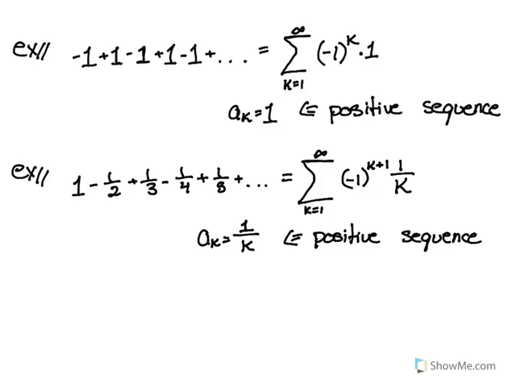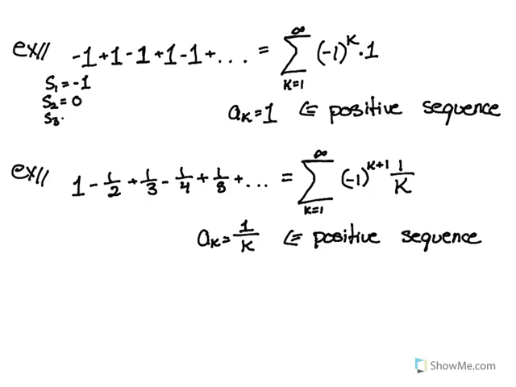Now we can create an alternating series by using any positive sequence a_k. But what we really care about is, does it converge? So if we look at these examples, looking at the first one, the first partial sum, S1, would equal minus 1, and then S2 would equal minus 1 plus 1, which is equal to 0.